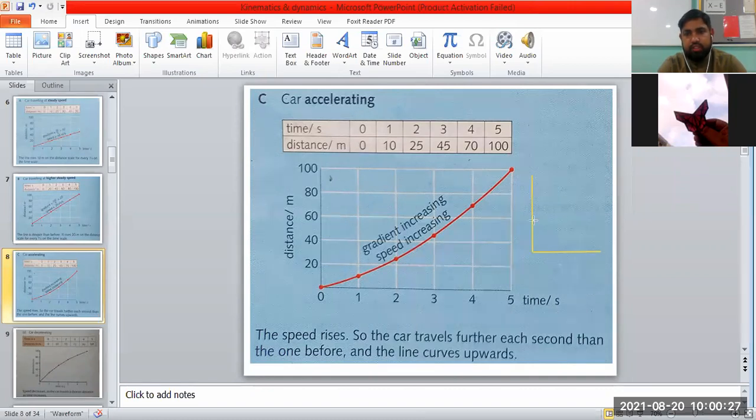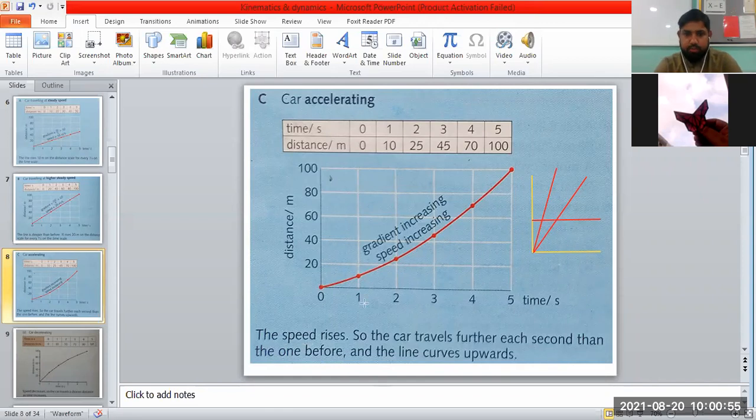Different color, let's take. A horizontal line means gradient is zero. If a line is like this, it means it has a speed. If the gradient of the line is increasing, it means it's moving at a higher speed. So the gradient of a horizontal line is zero, and when it is going toward the vertical orientation, its gradient is increasing.